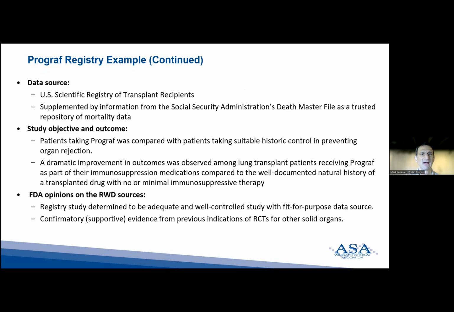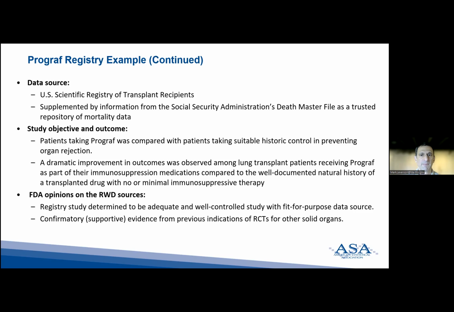I'm not sure, it may contain other transplants as well, but for this purpose, it contains all the US lung transplants. So it's rather extensive. It's also a high quality data set. There's a protocol for how the data should be entered, and there are quality checks of its reliability, to use that word. For this purpose, it was supplemented by Social Security data to get information on mortality.